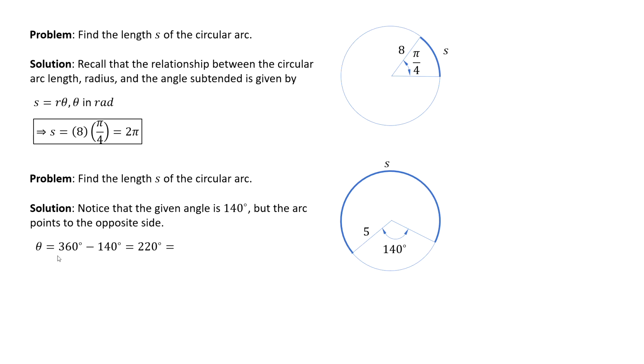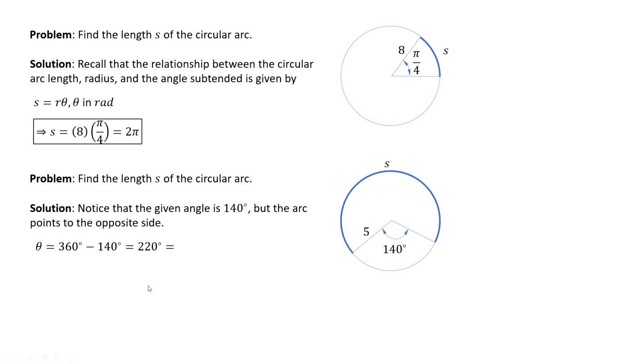So we can find the actual one. How? The full circle is 360 degrees. If we subtract this 140 degrees, we should get what our arc subtends. You agree with that? And we do this and we get 220 degrees. Cool. We know the angle subtended. We know the radius. So we are ready to find S. So is it 5 times 220?